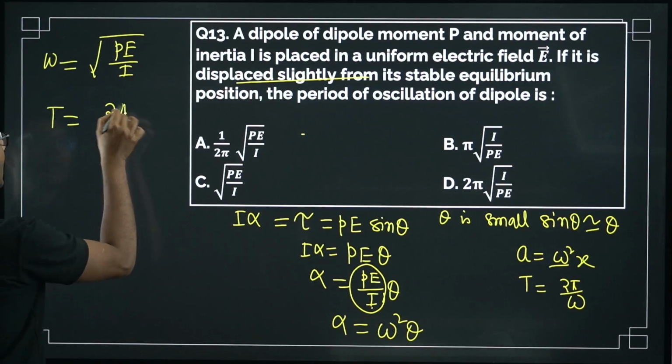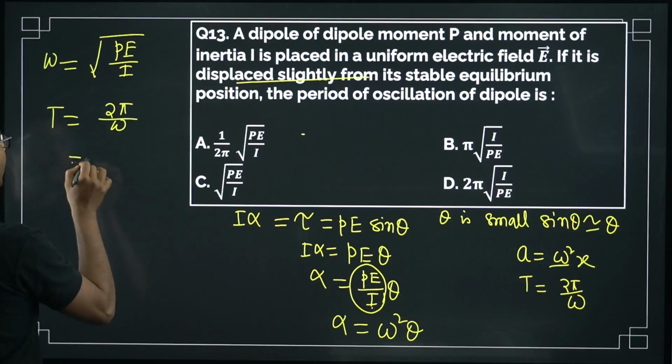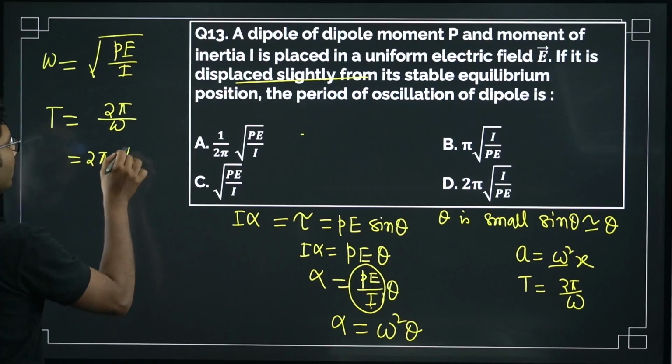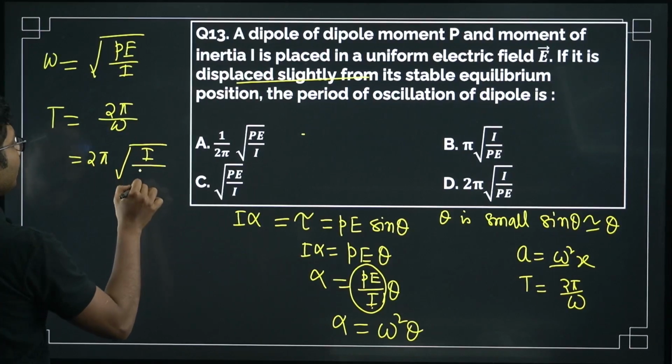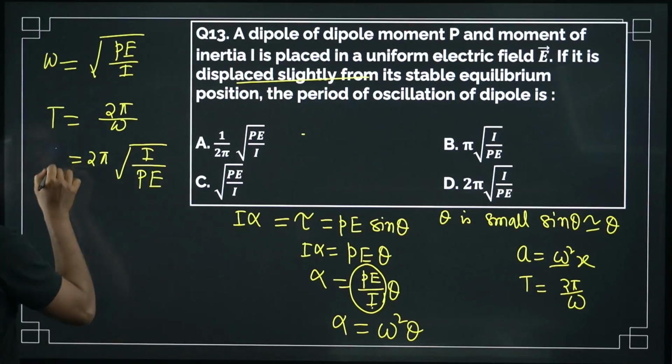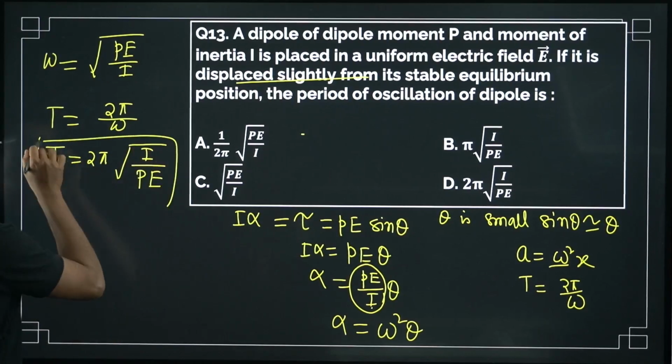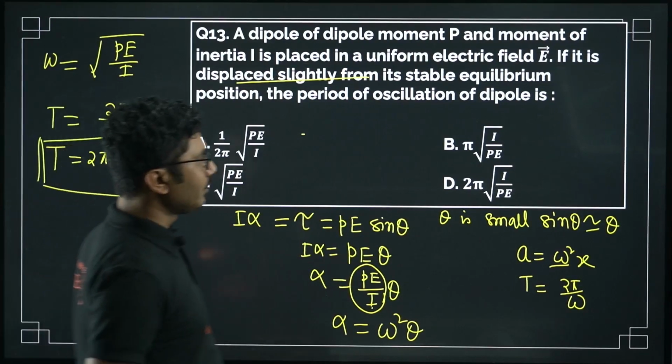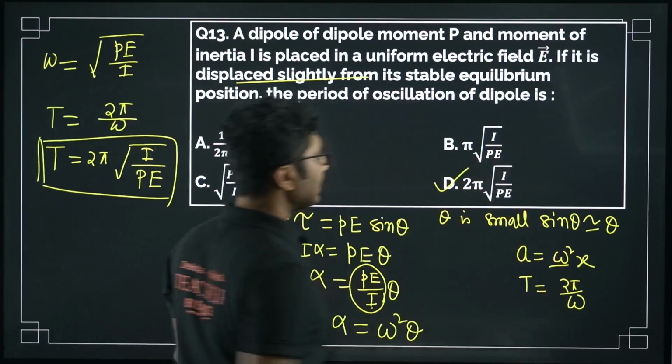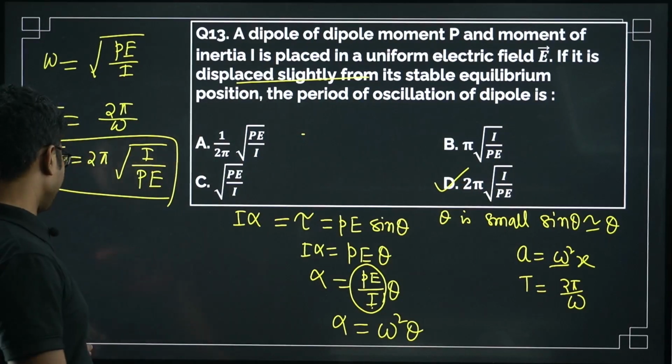Time period is 2 pi by omega, or it will be 2 pi square root of I by Pe. And this is the formula for time period. So 2 pi square root of I by Pe is the answer for this question.